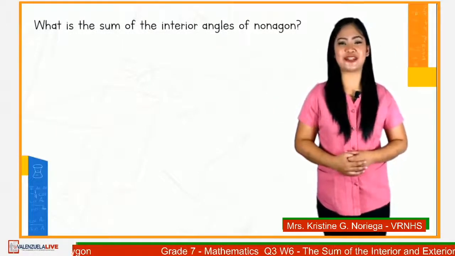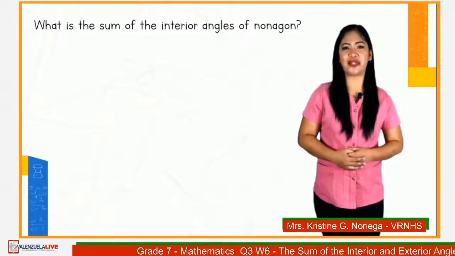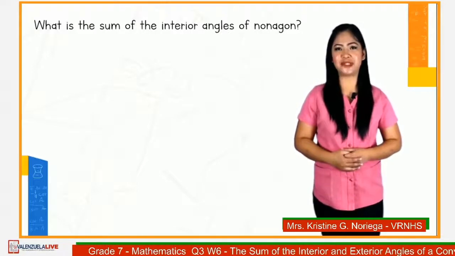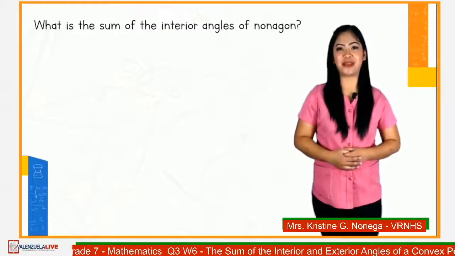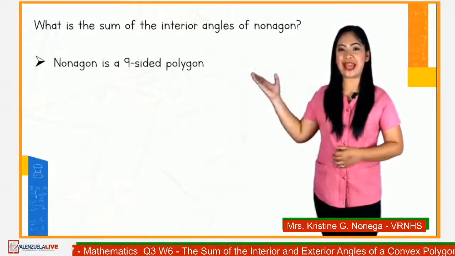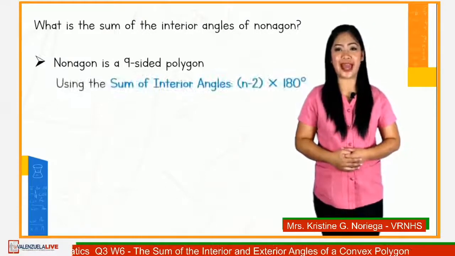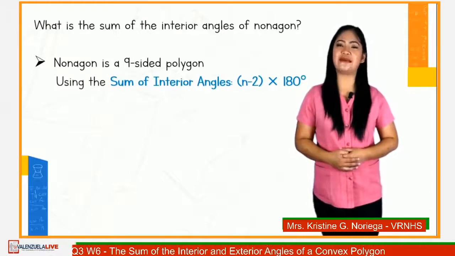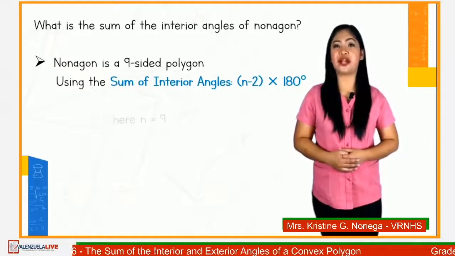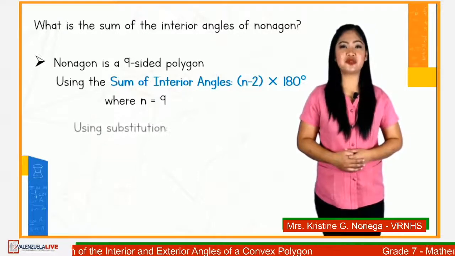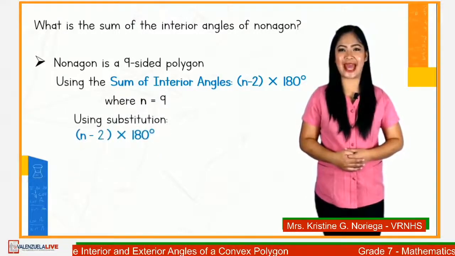Of course, to answer this, it is very important that you know first what is a nonagon. If in case you did not know yet, a nonagon is a 9-sided polygon. So using the sum of interior angles, n minus 2 times 180 degrees, where n or the number of sides is equal to 9, using substitution, we replace n with 9.